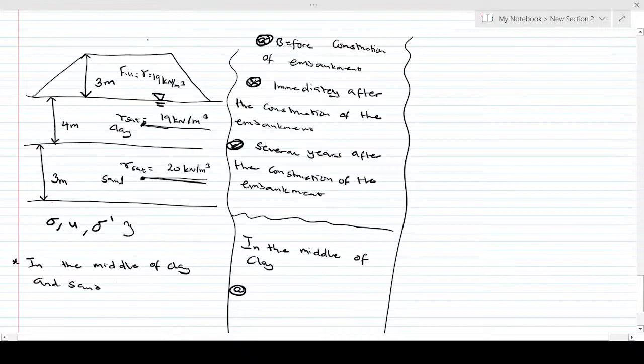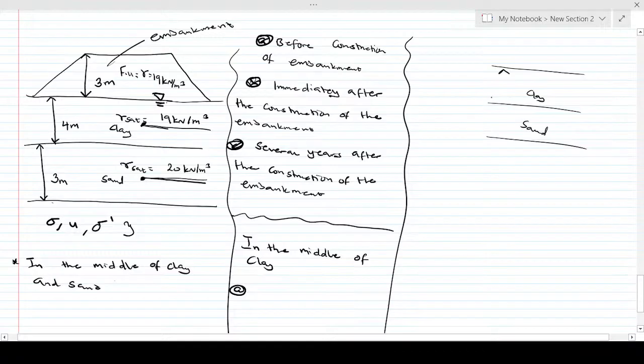So this fill is the embankment, right? We are assuming before construction that this fill layer is not present. So we have something more like two layers, where we have clay here and we have sand here.